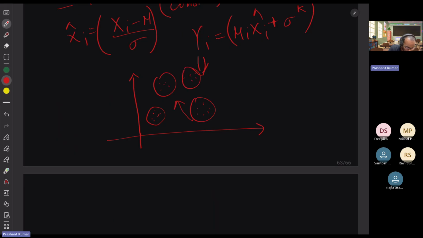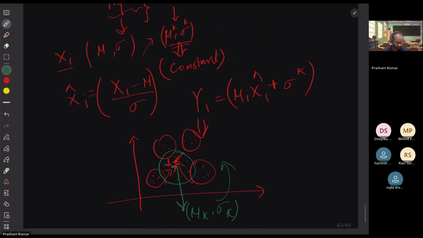These will try to come into a common place. Here this might converge to a common point where I will have a mu k and sigma k. So this is what we are trying to do, right?